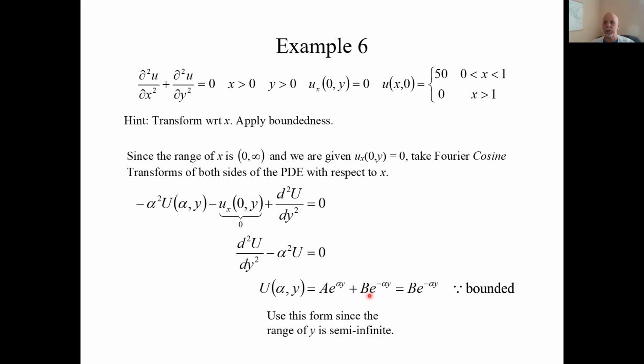We have two coefficients to determine, but we only have one remaining boundary condition. Here's the other twist: we assume the solution must be bounded. That leads us to make a equals 0 here, leaving only the b part. Then we'll use this condition to solve.